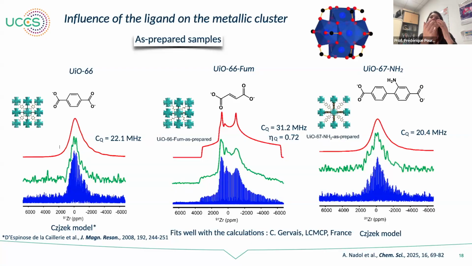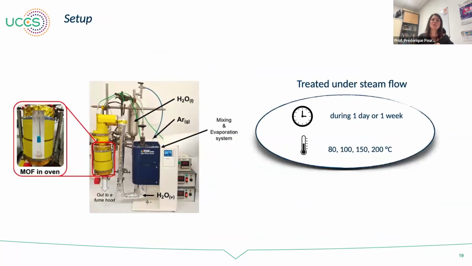In this, we can observe that it's similar to the UiO-66, and only the Czjzek model can be used to simulate the spectrum. But the core of the study was to understand the metallic cluster in the presence of water.